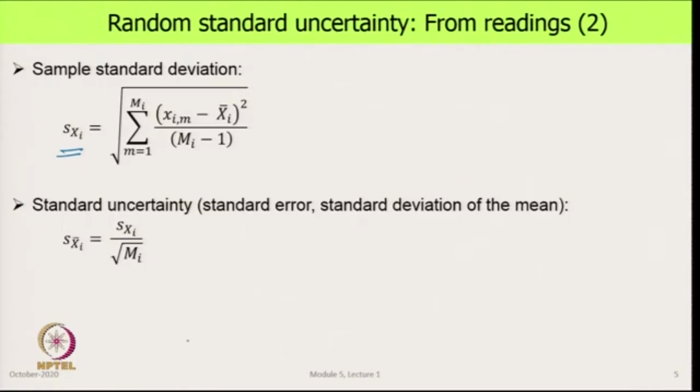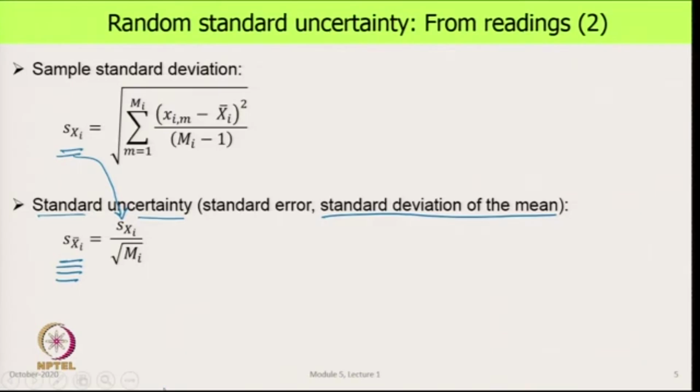So, this is a sample standard deviation, and then we establish the standard uncertainty, what statistics knows as the standard deviation of the mean. So, this is now S xi bar, which is S xi divided by square root of mi, and this is our standard uncertainty that we have been wanting to calculate.